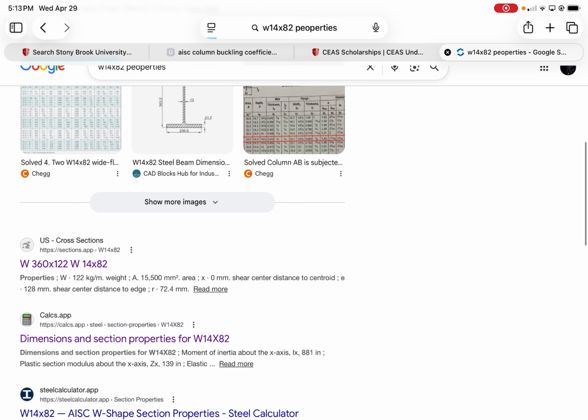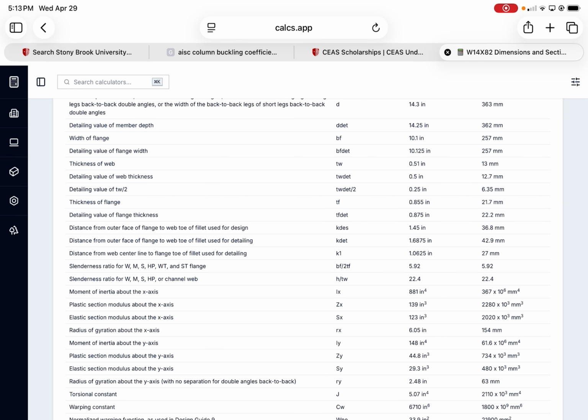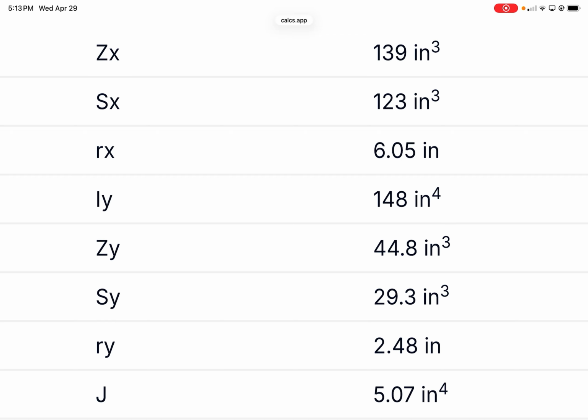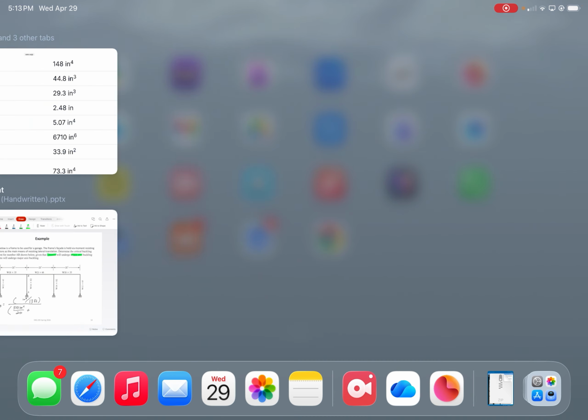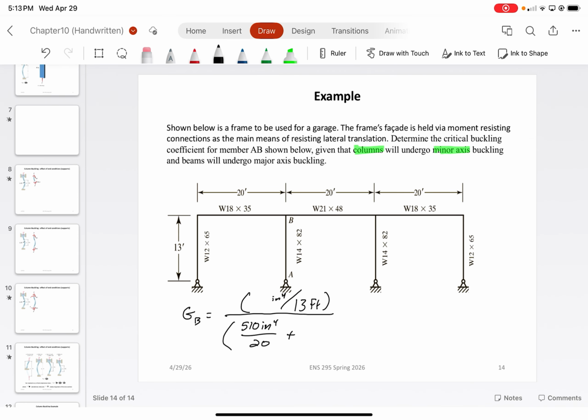This one. For a W14 by 82, under minor axis bending, we want to use IY, which I know is a little hard to see, but it's basically the 148 that's right there. I'll move it to the top of the screen so you can see. So we want to use 148 for that value.